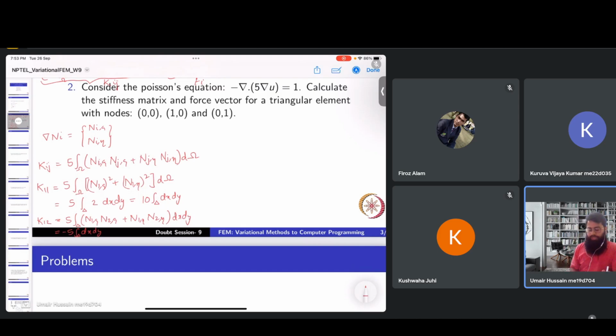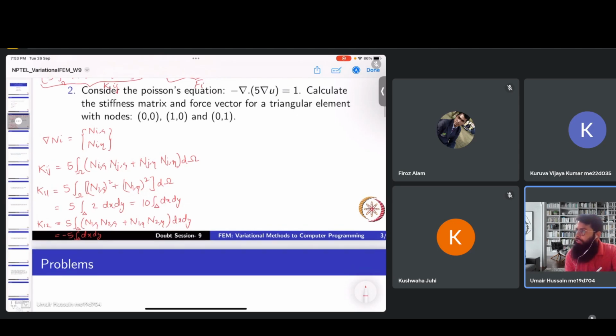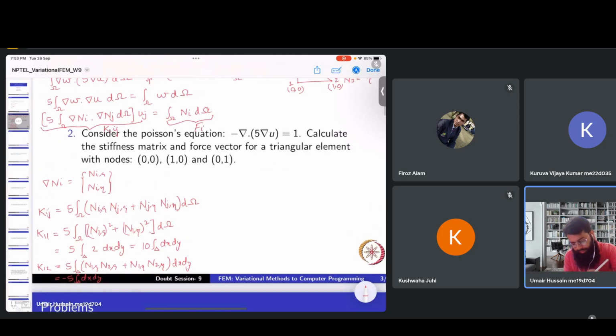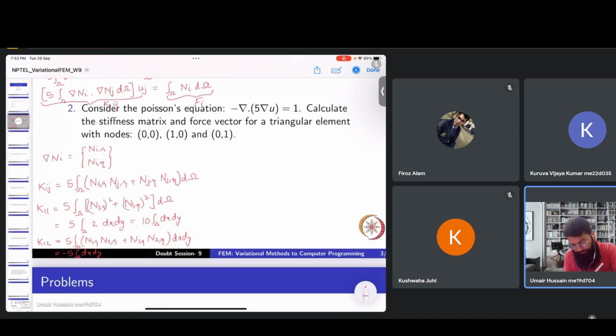I think this should give the area of the triangle, I hope. If anyone knows the answer, you can speak up. I don't want to solve integrals here.